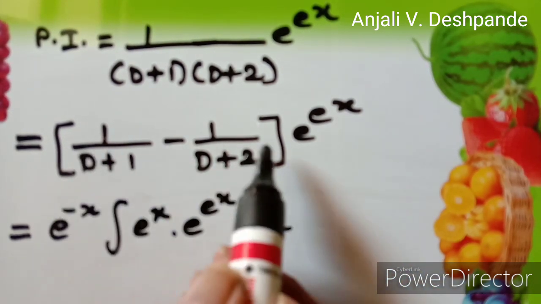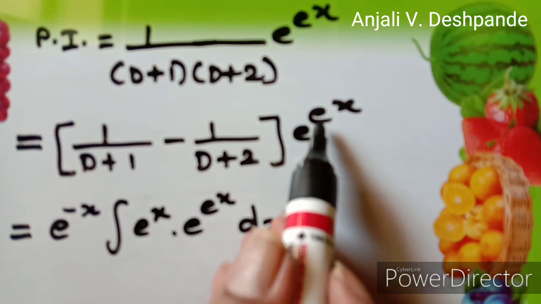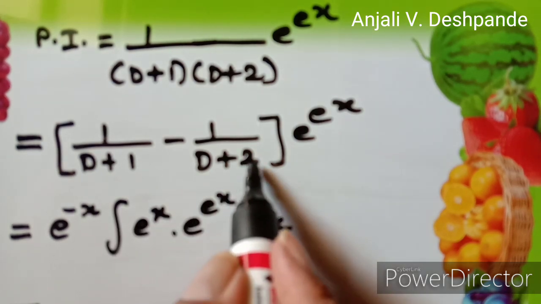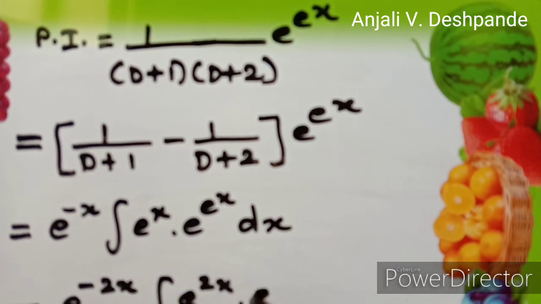So this is the first part. Now for the second part, 1 upon D plus 2 e raised to x. See how we are writing. In this case a is 2. So e raised to minus 2x integration e raised to 2x into e raised to x dx.